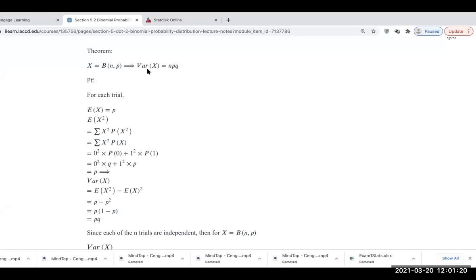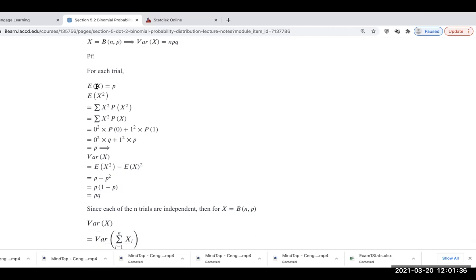The variance of a binomial random variable is equal to NPQ. So we want to show that again. In the previous theorem, we showed that the expected value of X is P for each trial.